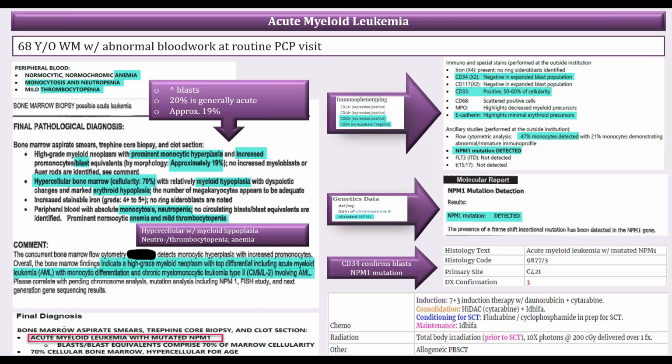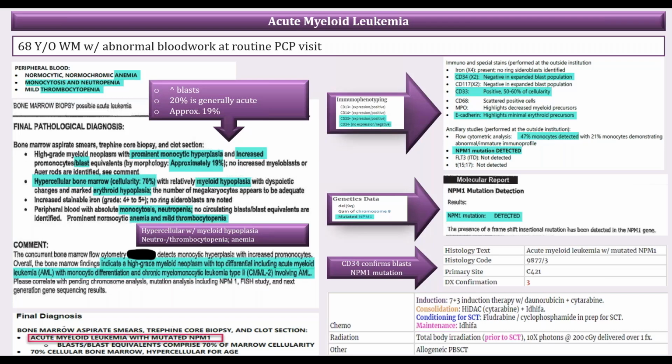So this case was actually AML with mutated NPM1 histology, which the code for that would be 9877/3, and the site would be C42.1. The confirmation is 3, again, because we have the positive genetics. Any of these histologies with those positive genetics should always have a confirmation of 3.